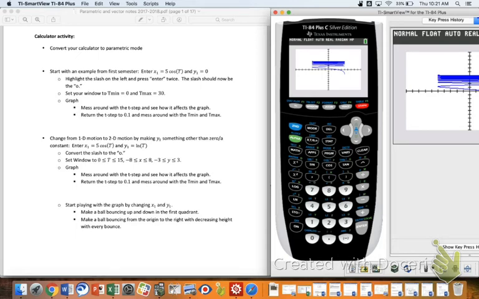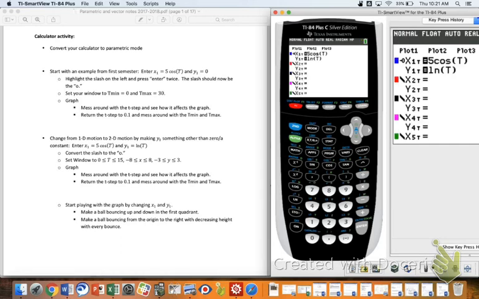And again, this is something that you can very much play around with. You can still mess with your T-step and your T-min, T-max, and that'll lay down more or fewer breadcrumbs. It'll allow it to go on further or shorter times. You can also just play around with this in general. I honestly love and think that it's beneficial for you to ask questions like, well, what would it look like if I left the x at 5 cosine t, but what if I wanted to make this t squared?